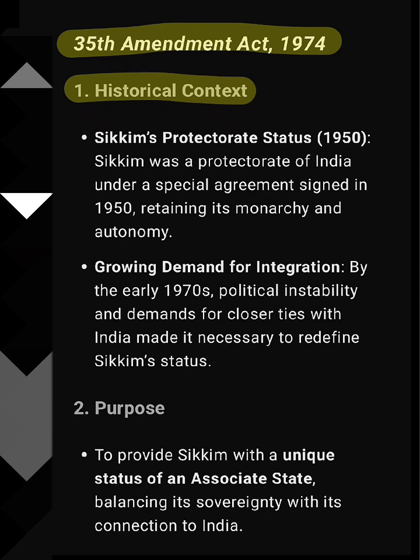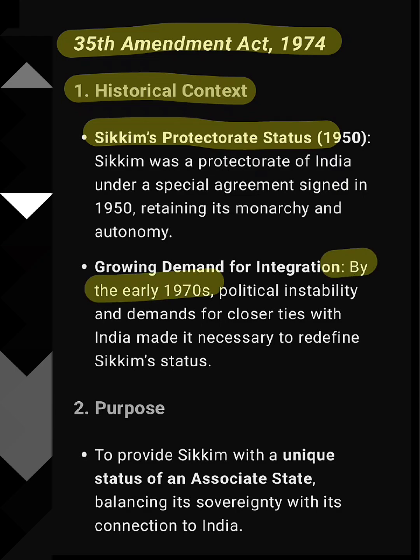But it signed an agreement with India that you would provide me defense, you would manage my foreign affairs, and you would also manage my communication services. So these three things you would manage, and rest of the things we'll manage on our own. So in a way, Sikkim signed this agreement, and this agreement has granted Sikkim a protectorate status. Means now India will protect Sikkim.